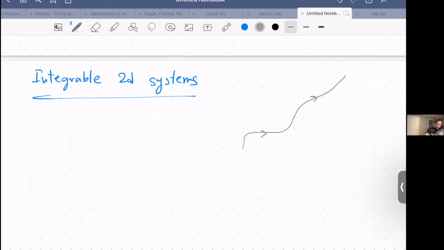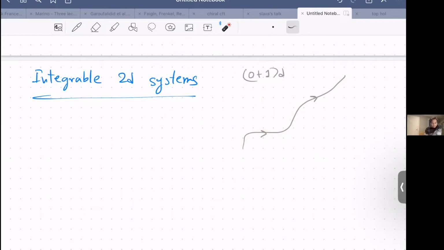moving. Now, one way to look at the system is that you can think of the system as a 0 plus 1 dimensional system. So what does it mean? It means that you think of this as a quantum field theory, but from the perspective of the world line. So on the world line, you only have a time direction, and there's no spatial direction. So you have 0 spatial direction and 1 time direction.